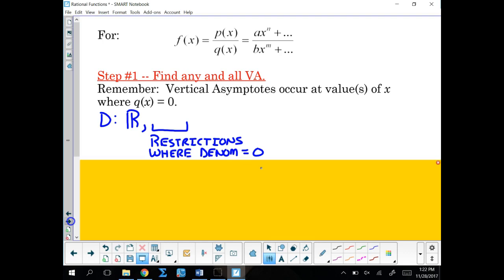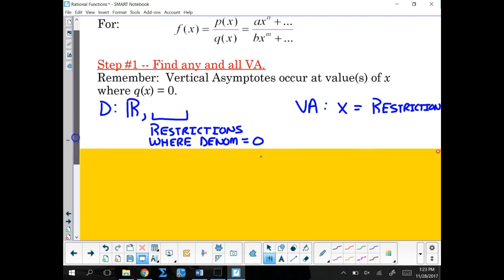And then our vertical asymptotes are x equals each individual restriction. Learned that yesterday.